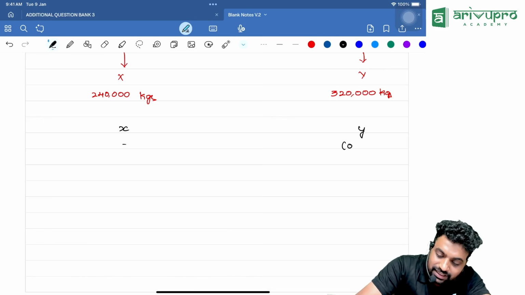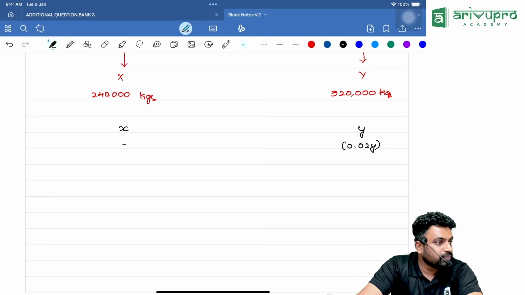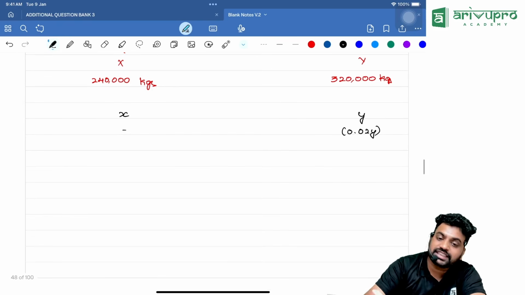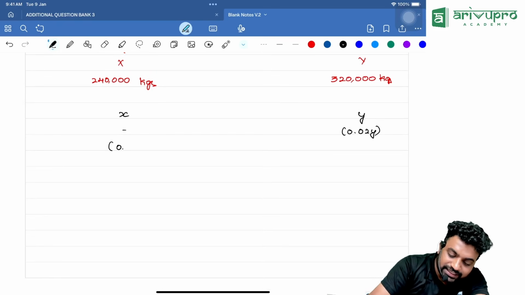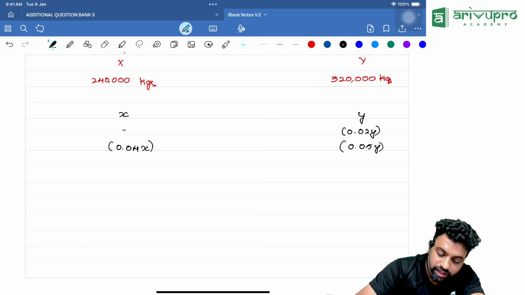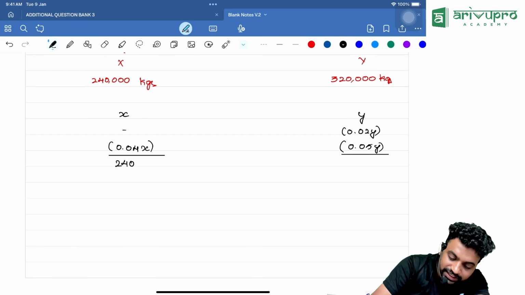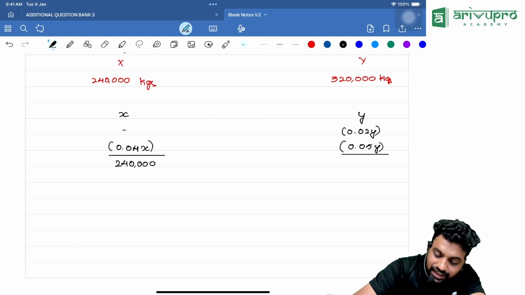That is 0.02y. Correct? Next, process loss. In the first one, there is 0.04x as a process loss. Whereas here, there is a process loss of 0.05y. Now, after all this, we are expecting our product X to be 2,40,000 kgs and Y 3,20,000 kgs, not the other way around.